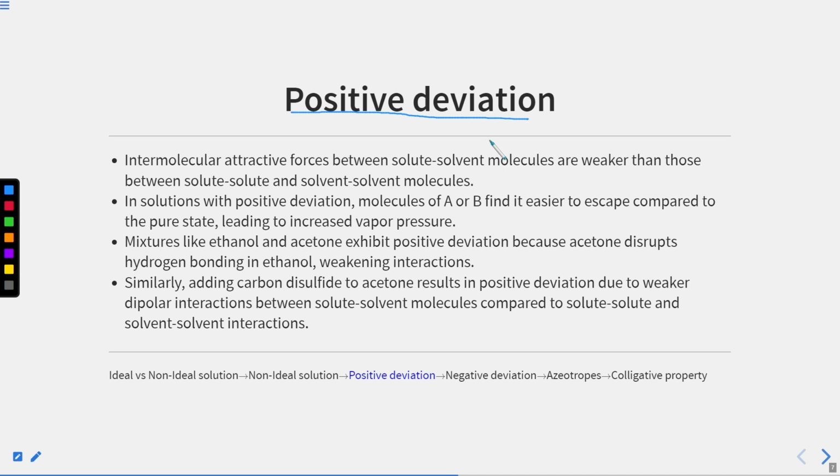So I have told you earlier that the intermolecular forces between solvent and solute, in case of positive deviation, are weaker. Solute and solvent, we can also say A and B. But let us clarify it. The interaction between solute and solvent is weaker than those between solute-solute particles and solvent-solvent particles.